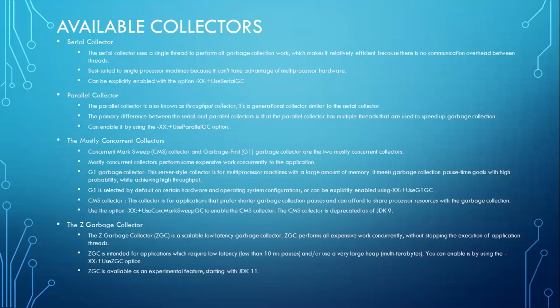Algorithms like CMS and G1 GC are examples of concurrent collectors. We'll go into detail about the techniques and mechanisms CMS and G1 GC use to improve the application pause time through concurrent collectors.